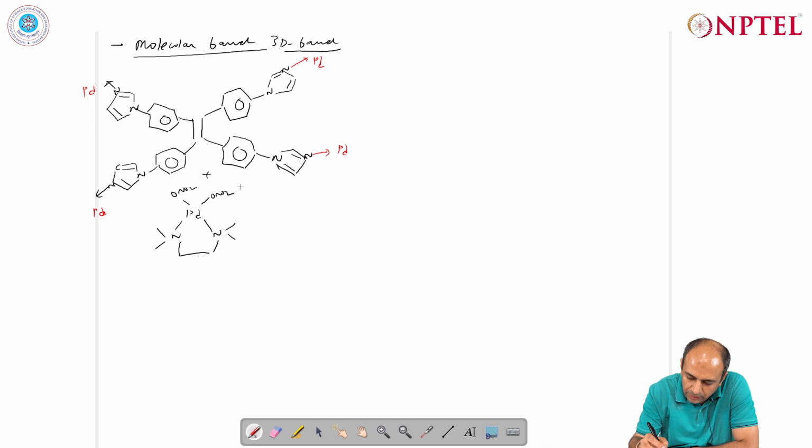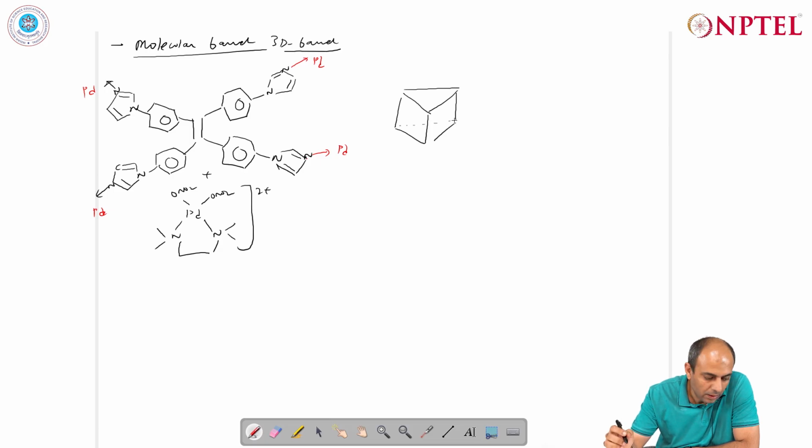We have the palladium center which is 2+, and this will lead to the formation of a barrel like structure, where you can have the coordination from palladium.